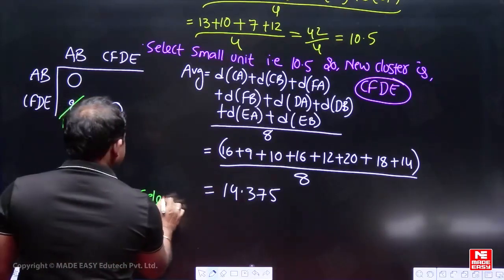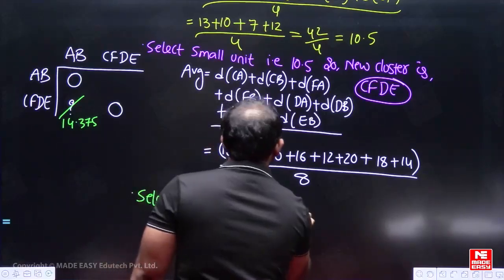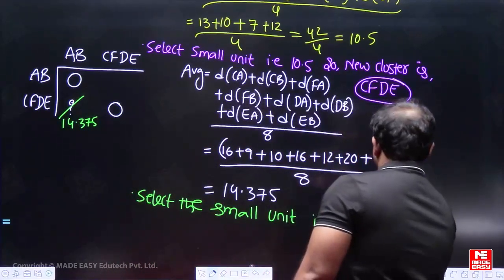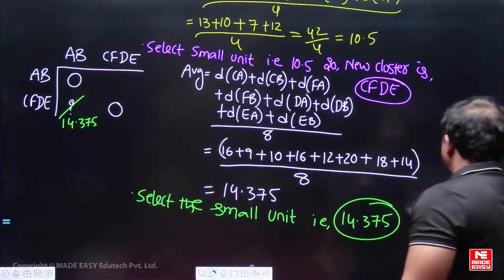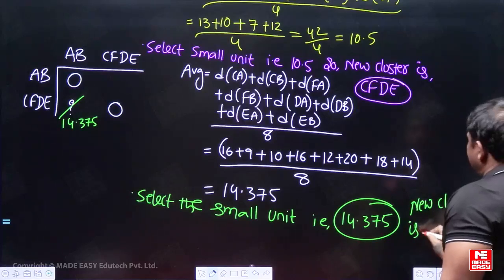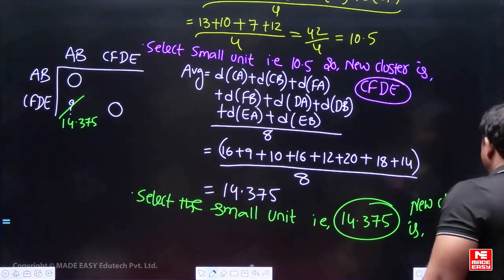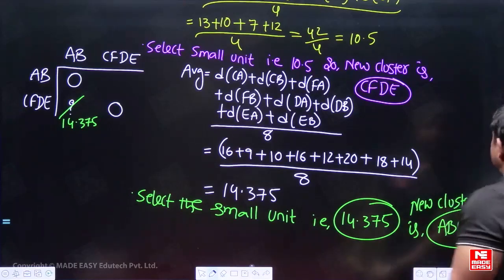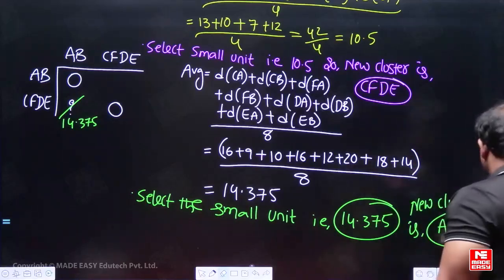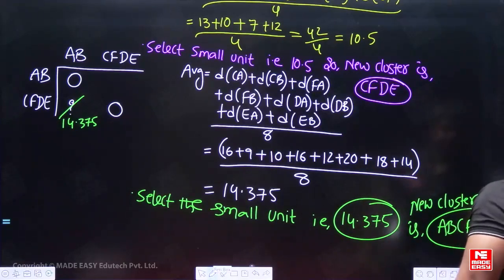So now what does this mean? Select the smallest unit, that is 14.375. Okay, the new cluster is A, B, C, D, E, F. These are all the clusters, or else A, B, C, F, D, E, like this.